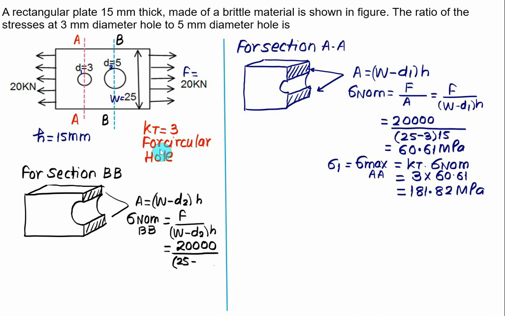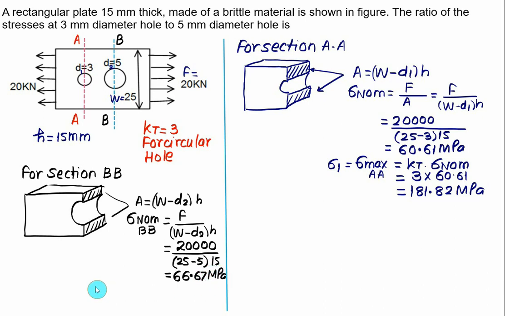Diameter D2 is equal to 5 and we have thickness H equal to 15. So in this case nominal stress produced at section BB will be equal to 66.67 megapascal.